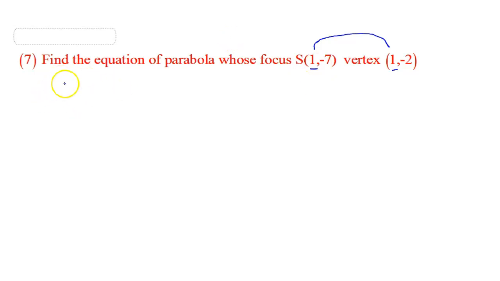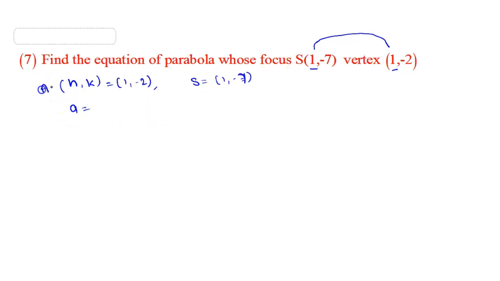So here I am writing for the vertex. Given vertex h comma k is 1 comma minus 2, and focus S is 1 comma minus 7. In these two, the x term is the same. So small a is calculated here.